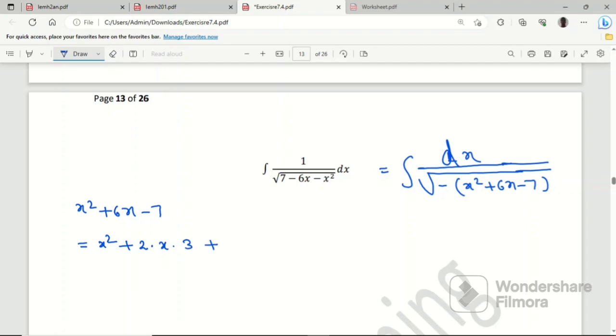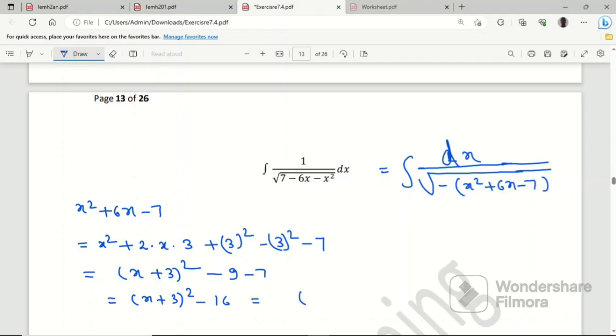It will give me b square, minus also, it is needed since I am adding an extra thing. So this will be minus 7. So it will give me (x plus 3) whole square, a square plus b square plus 2ab, minus 9 minus 7. After adding I will get (x plus 3) square minus 16. I can write (x plus 3) square minus 4 square.